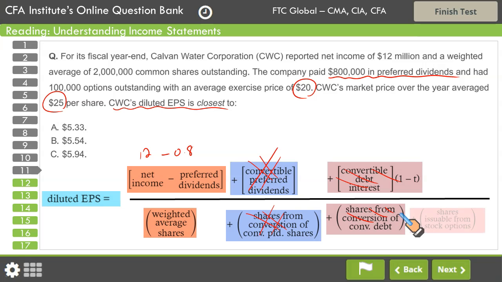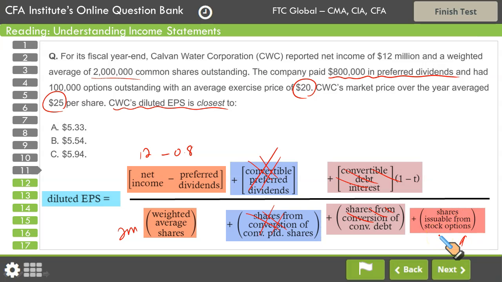This is one important thing that needs to be considered. We have share options, shares issuable from stock options. This is the adjustment we need to make in the denominator. This part is already there: these are the shares given, 2 million, so we write 2 million in the denominator. What about shares issuable from stock options?